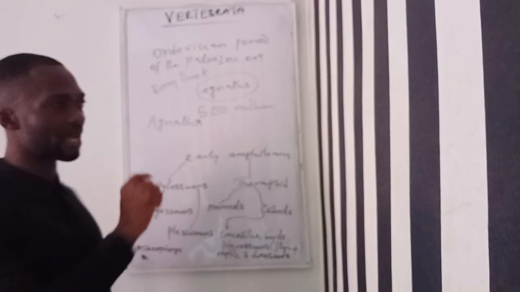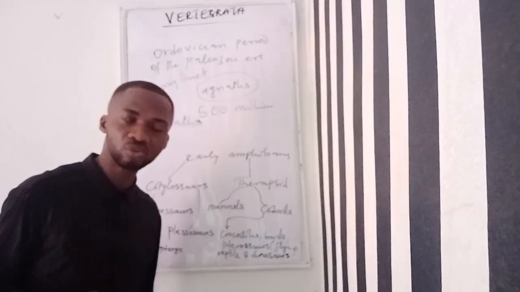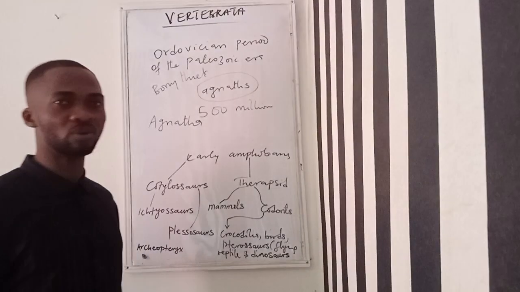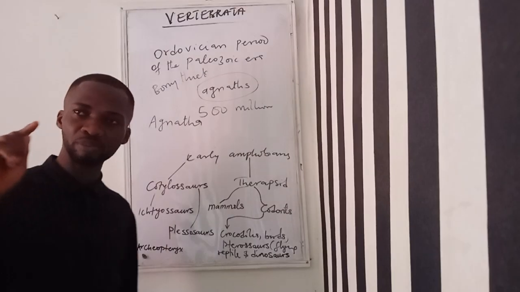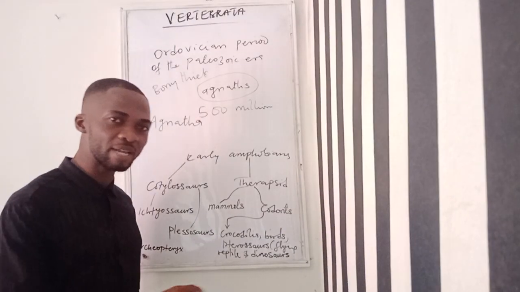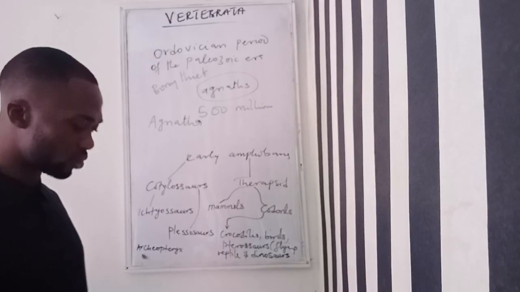So these agnata were the first and the oldest group of vertebrates to have evolved on Earth about 500 million years ago. And like I said, they have these bony thick materials called agnats, and that was why they were named agnata, and they are jawless fish.